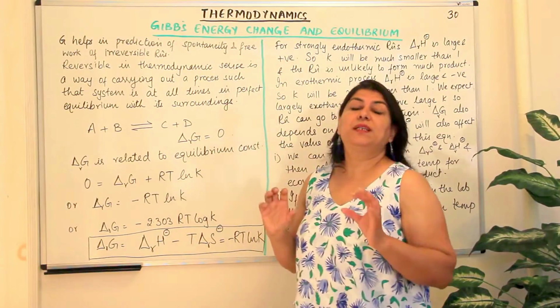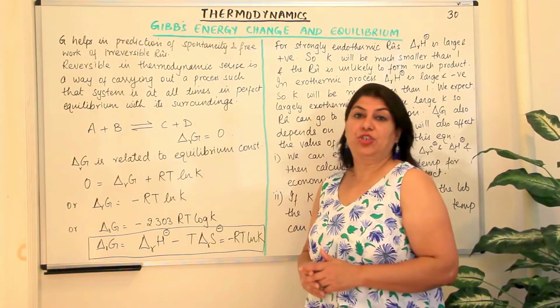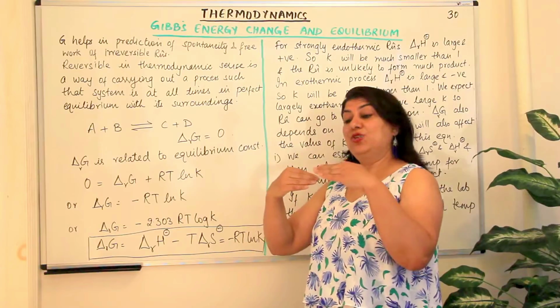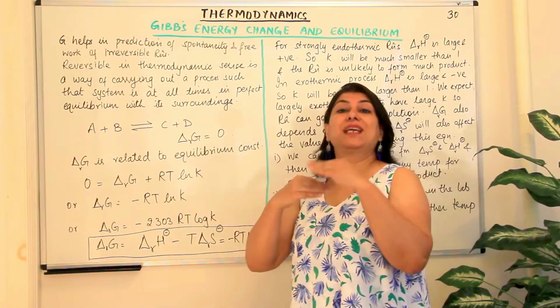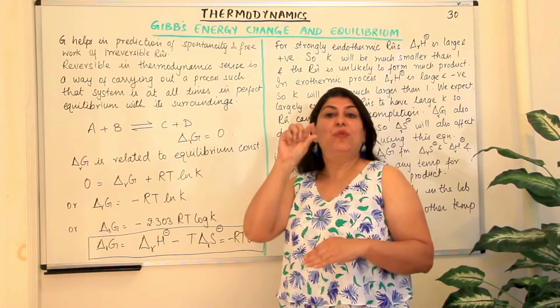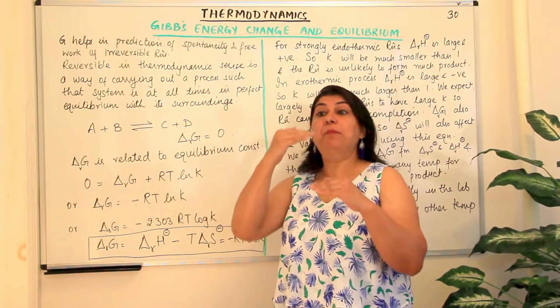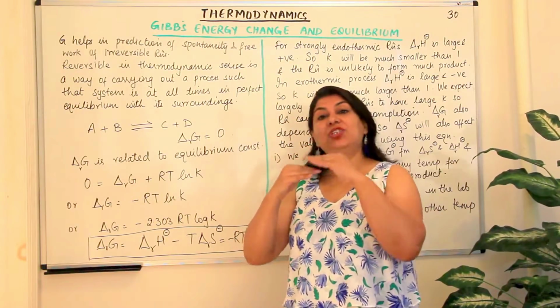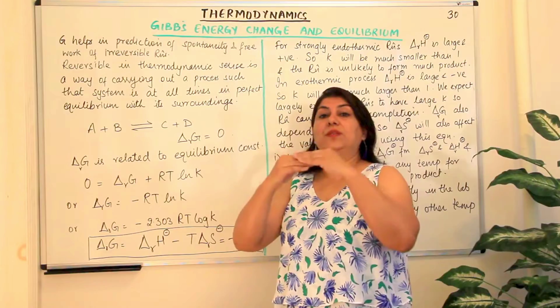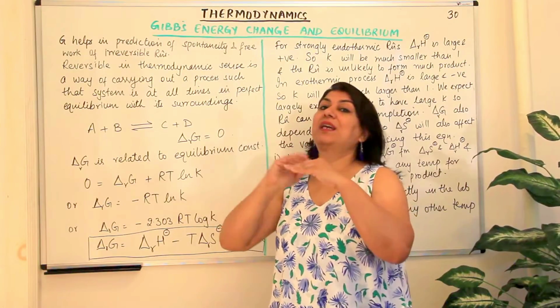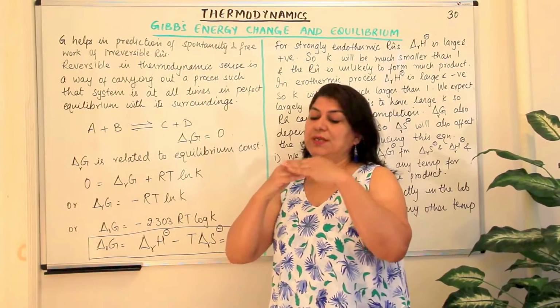In thermodynamic terms, what do you call a reversible change? You remember when I told you that a reversible process may take place in minuscule steps, very small steps and many steps, and in each step the system is in thermodynamic equilibrium with the surroundings.